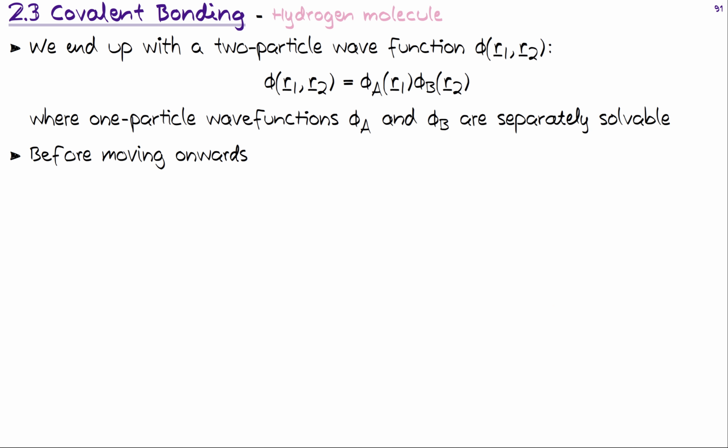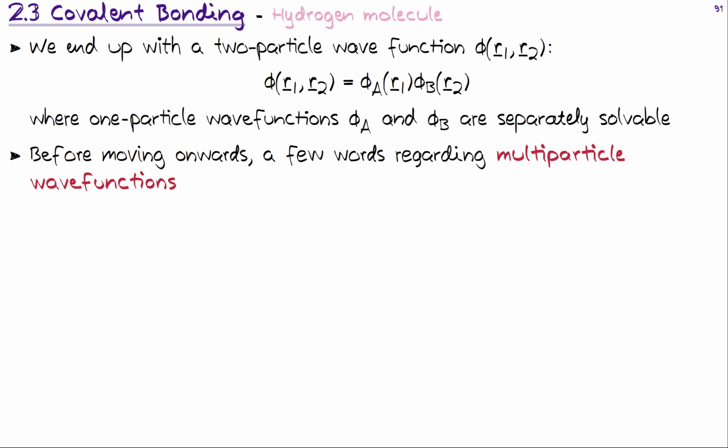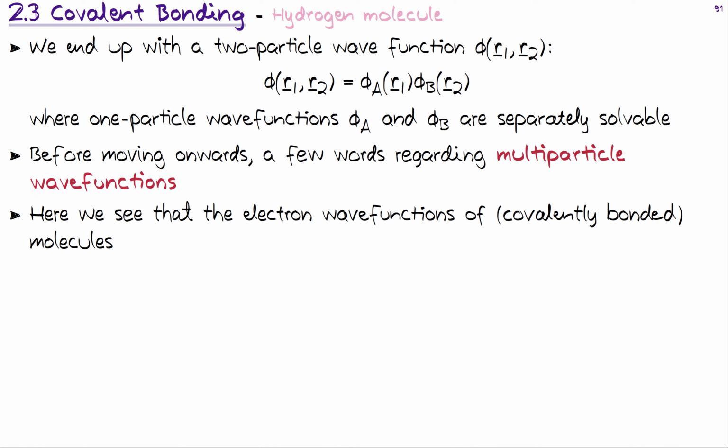And before moving onwards, I will continue speaking a little bit about these multipartite wave functions, multiparticle wave functions. We see that the electron wave functions of these covalent solids or covalent molecules seem to be such quantum mechanical objects that we need many electrons to describe their behavior and the bonding.